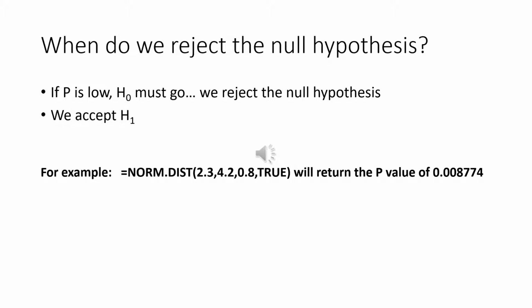I punch all that in, I get a p-value of 0.008774, or 0.8774% chance that this is probably just random variation I'm looking at. That's a low p-value. So we would reject the null hypothesis and accept the alternative hypothesis. In this case, 2.3 is statistically significant when compared to the average and standard deviation. We reject the null and accept the alternative because the p-value is low.